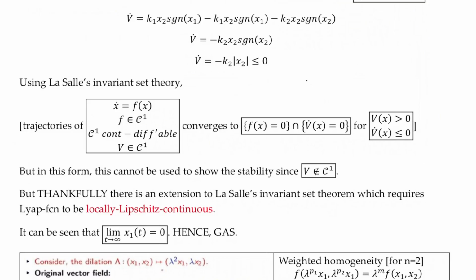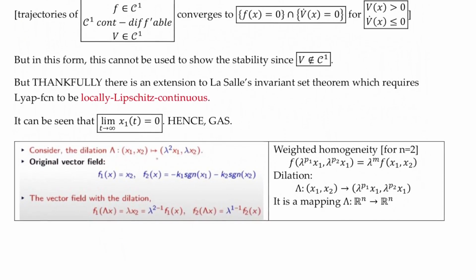But since we also know that v is radially unbounded, and what I'm trying to say is that v is positive in the whole R2, and v dot is negative in the whole R2, right? Then we are able to make a claim about the global behavior of the system, and hence the global asymptotic stability.